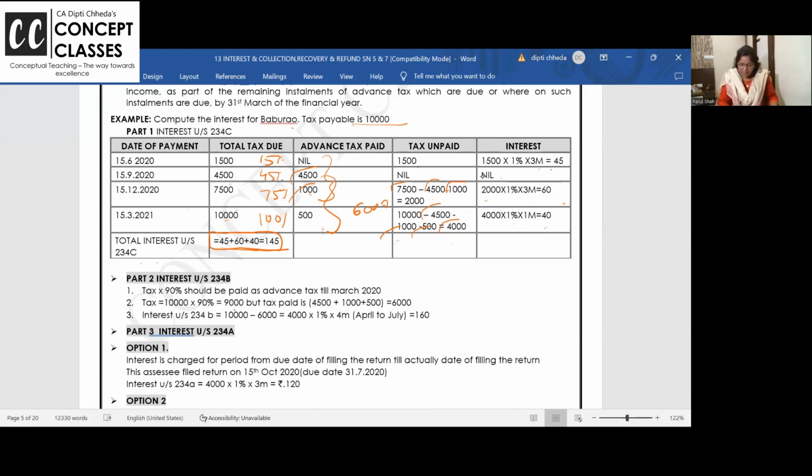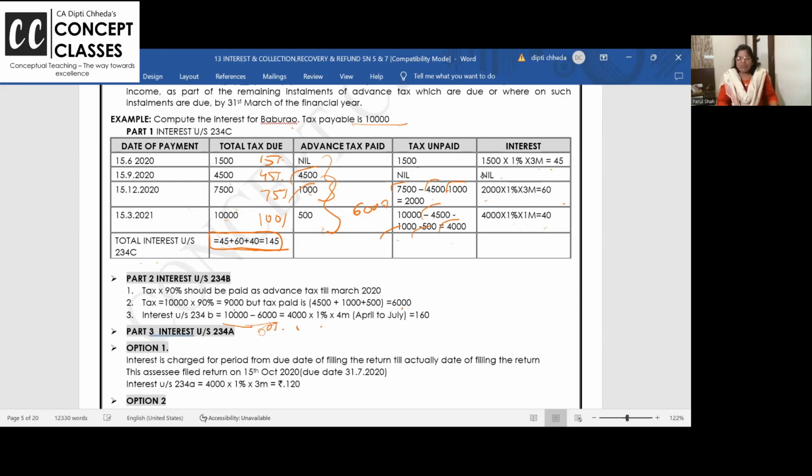How much advance tax have you paid? 4,500 plus 1,000 plus 500, that is 6,000. Your tax is how much? 10,000. How much have you paid? 6,000. What is the tax payable? What is the shortfall? You paid only 60%, so the shortfall is 4,000.